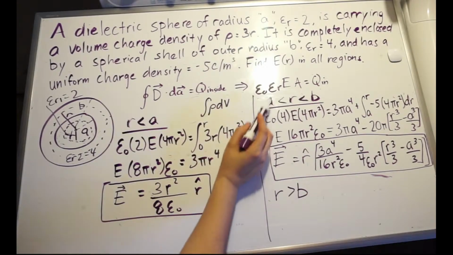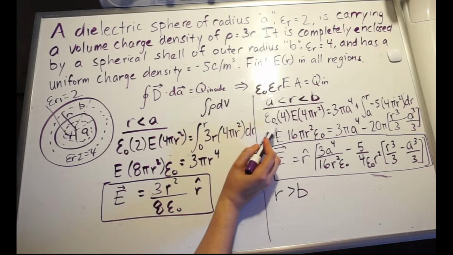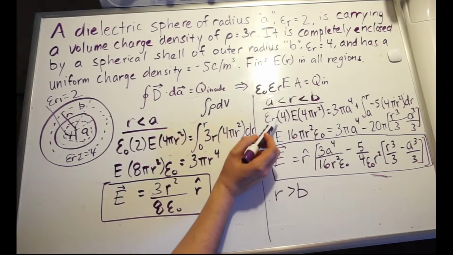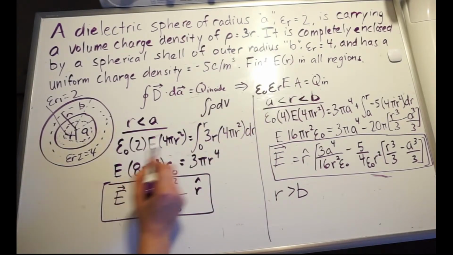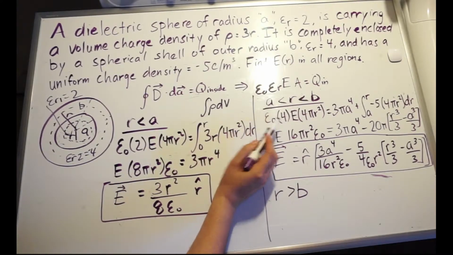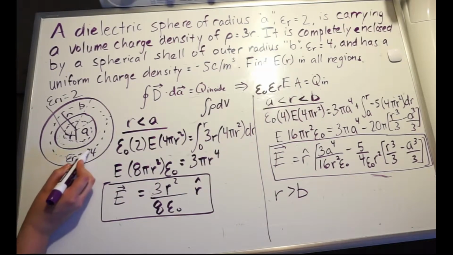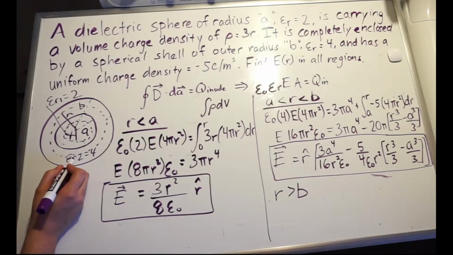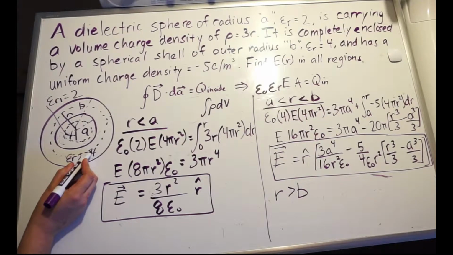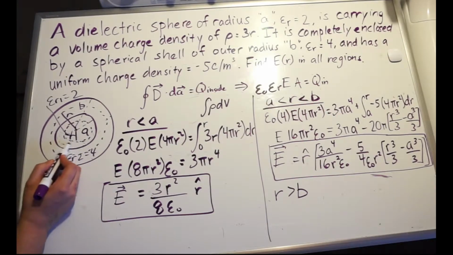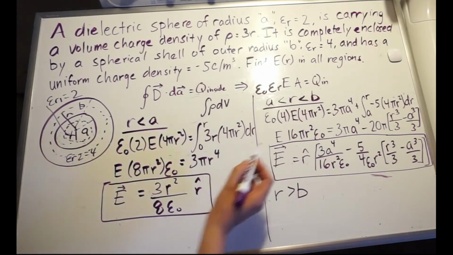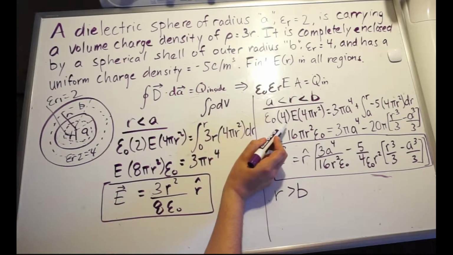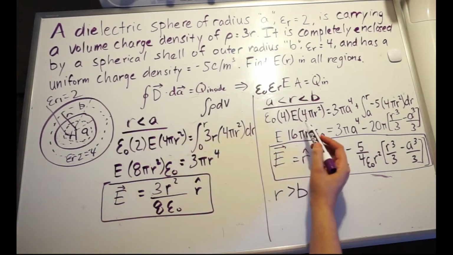Again we're going to use this equation up here, where epsilon naught is not changing, but notice how now instead of 2 we have 4. That's because this new Gauss surface is between A and B, so epsilon r changes to 4. We're no longer inside A anymore; we're between A and B, so we use 4 because that's the dielectric constant.